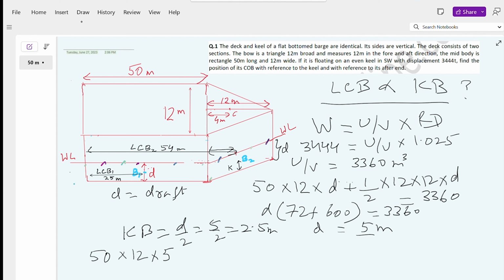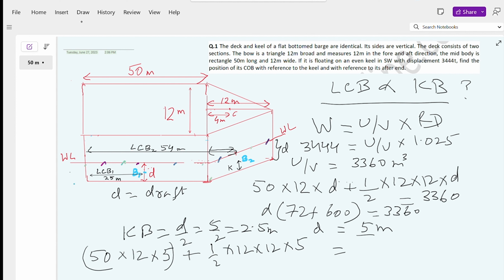So underwater volume will be this, plus for the triangular portion, again the volume which is half into base into height into D, 5. We wrote before 50 into 12 into D. This was the volume, and the triangular portion was half 12 into 12 into D.